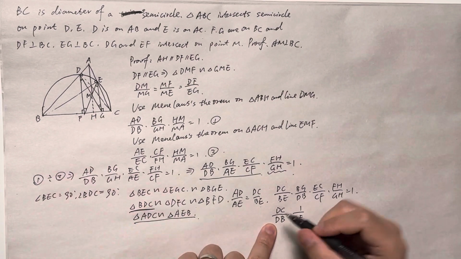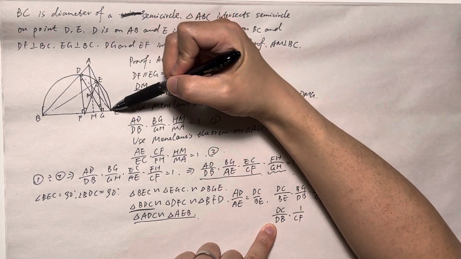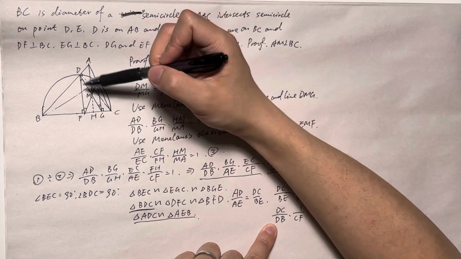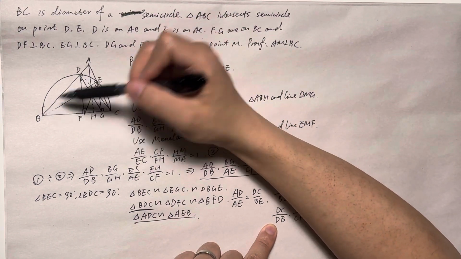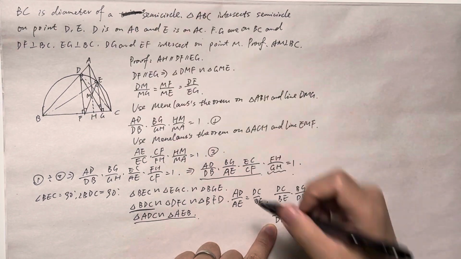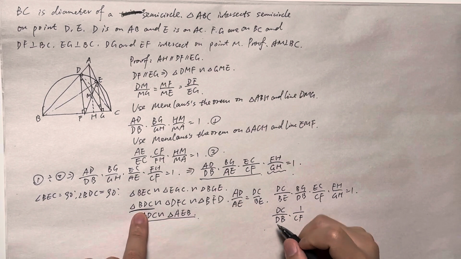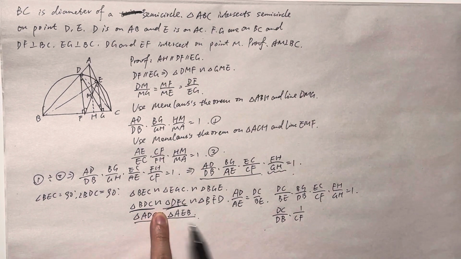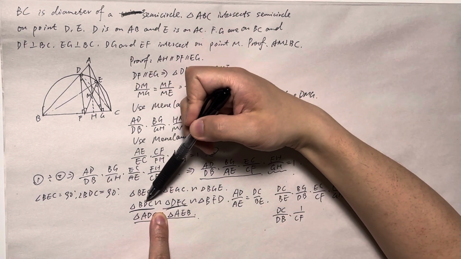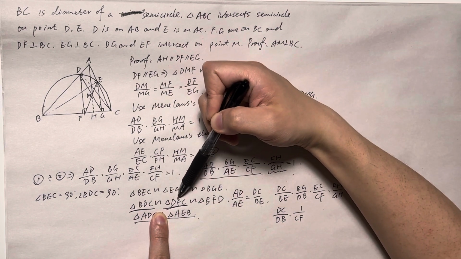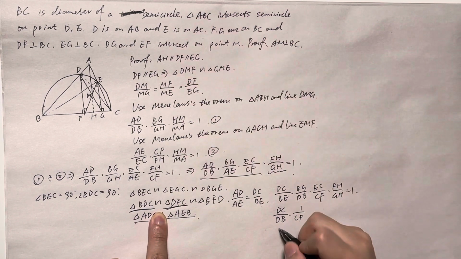DC divided by BD, that's this angle, so we have CF here. So we can see DC divided by DB must be equal to CF divided by DF, right?